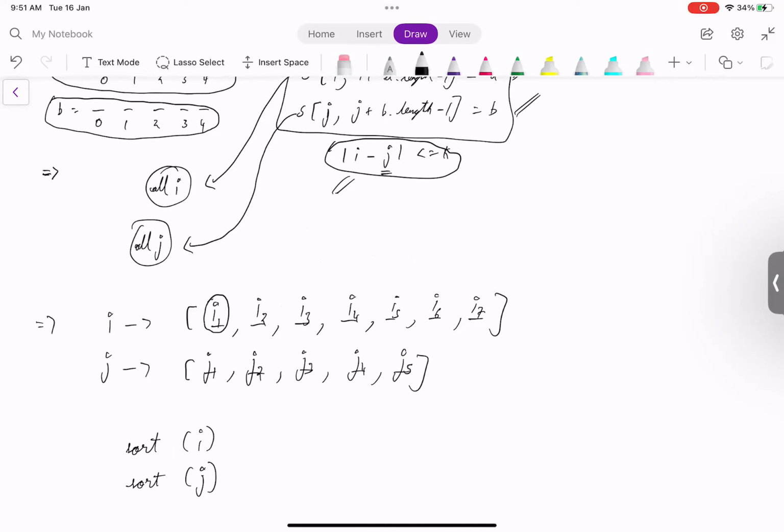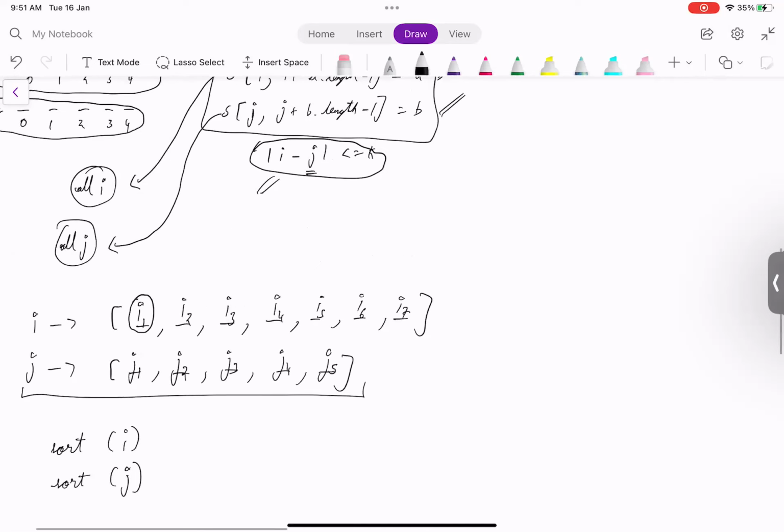So for it to satisfy this condition, can we say that it is always optimal to check for two types of J values? One J value can be the floor value and the other can be the ceil value from these J's. Now let's see.